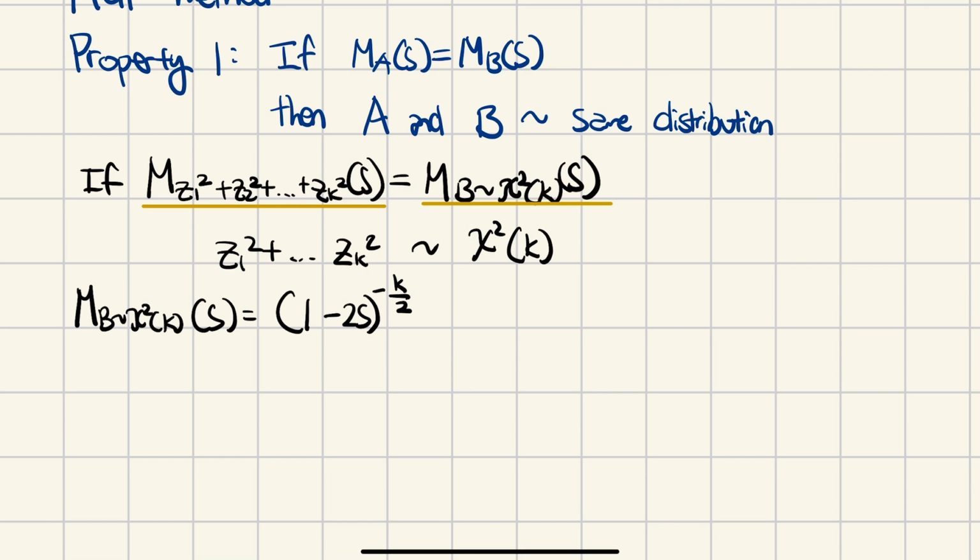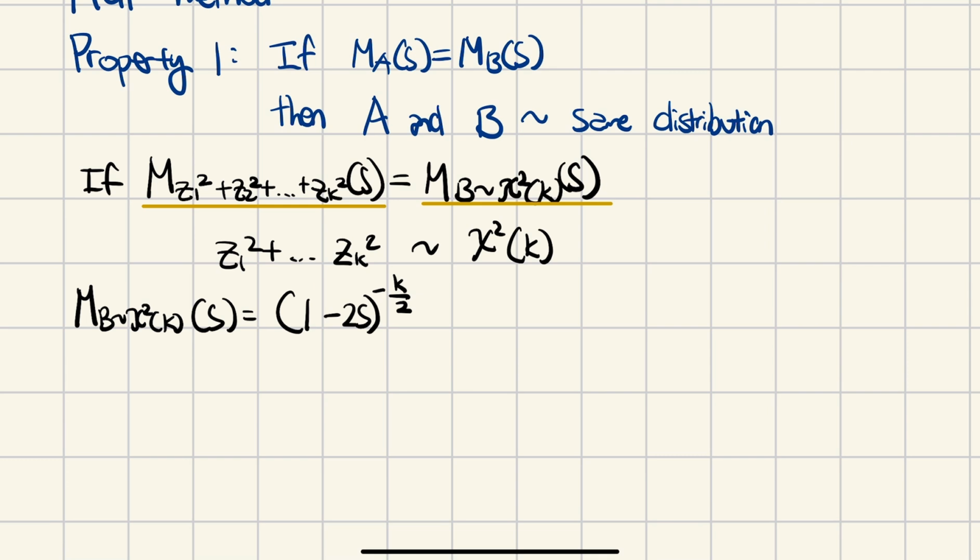This is something that most textbooks already have, or you can check out a future video of me proving this. So now we just have to find the second part, the MGF of z1 squared plus z2 squared all the way to zk squared.